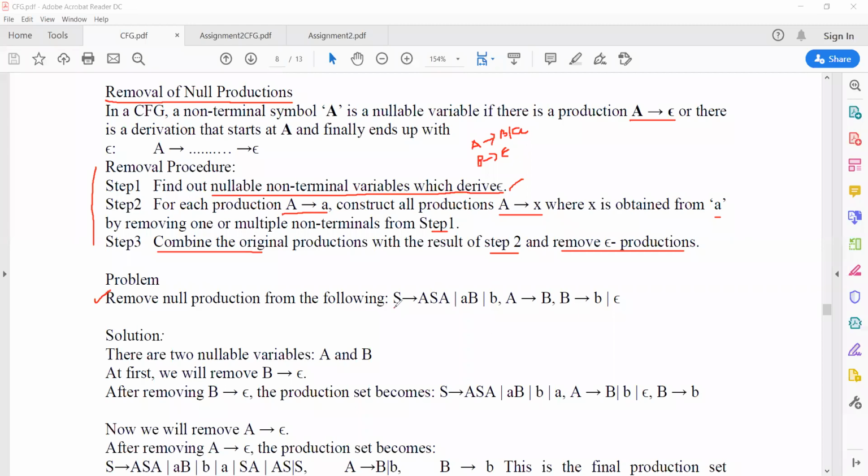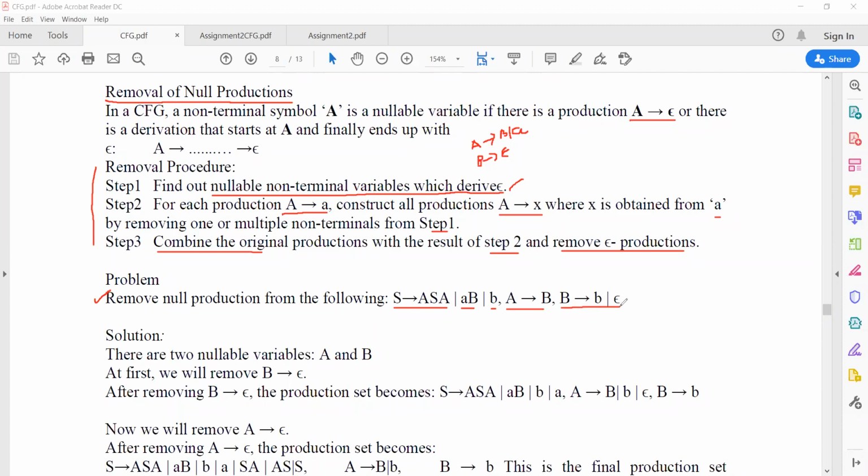It is S produces ASA, or aB. These are a few production rules. And there is another: A produces B or S, and B produces b or null.